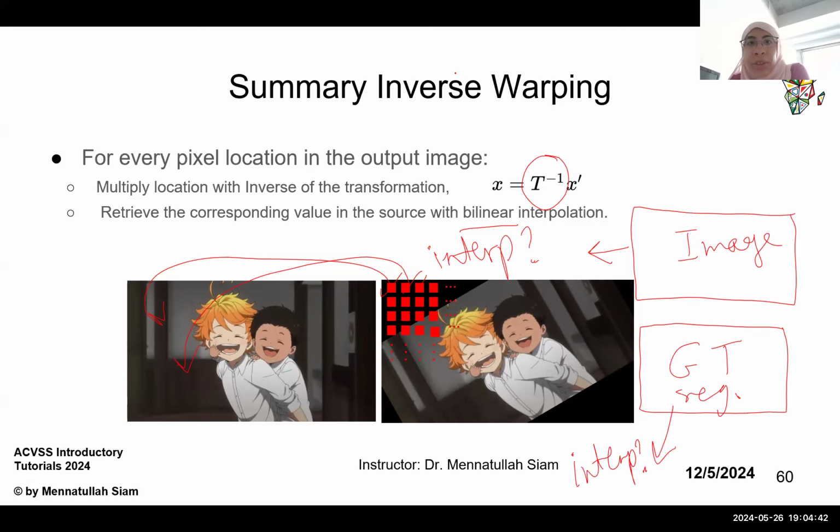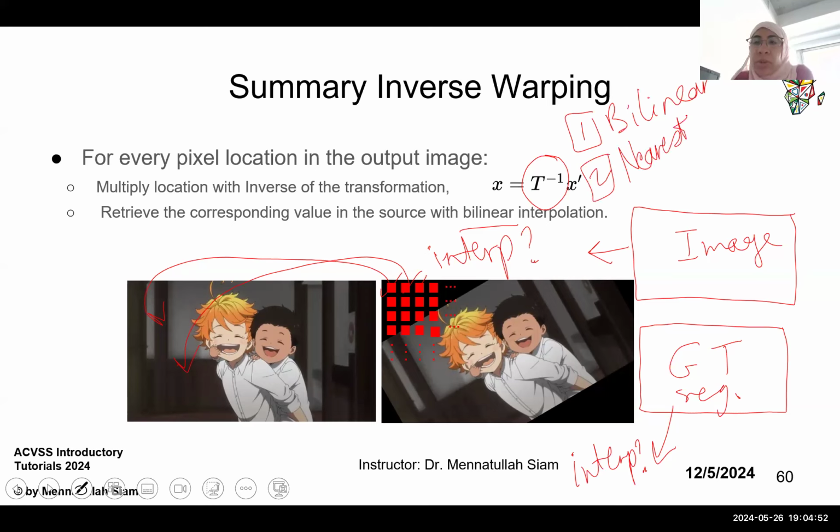Any suggestions? I'll type it here: 1 is bilinear, 2 is nearest. Let's start with the image. If I'm applying a transformation and warping the image itself, would you use 1 or 2?